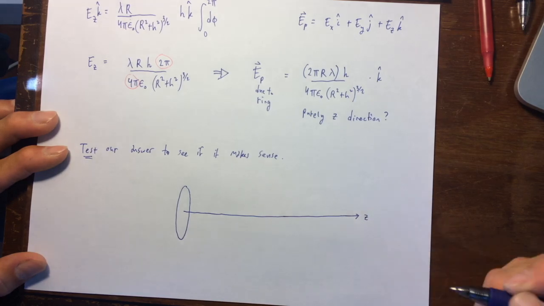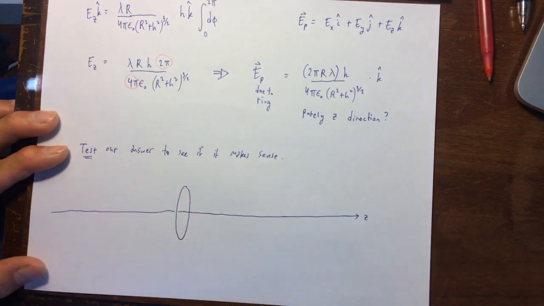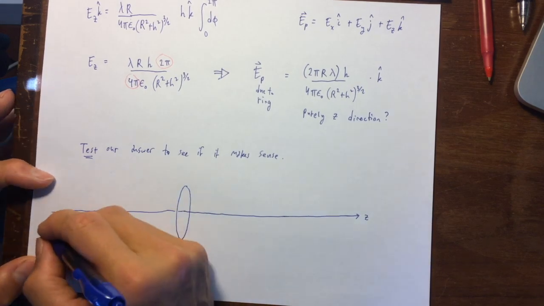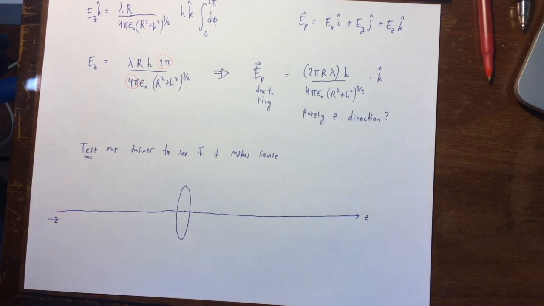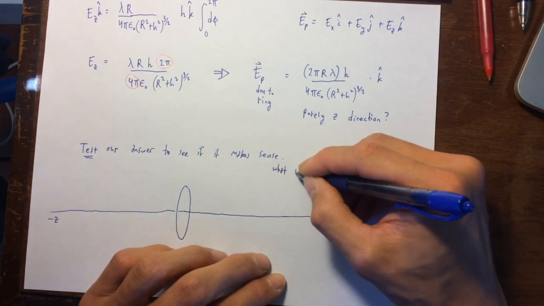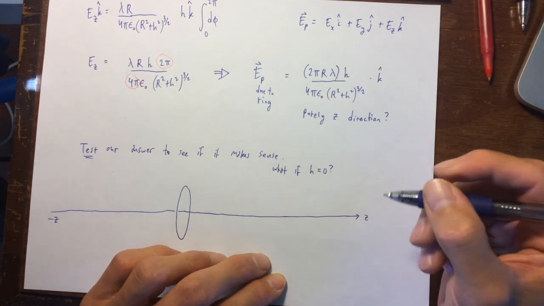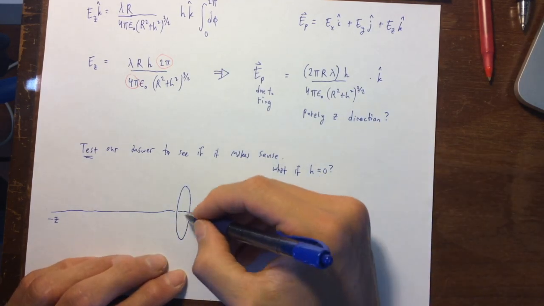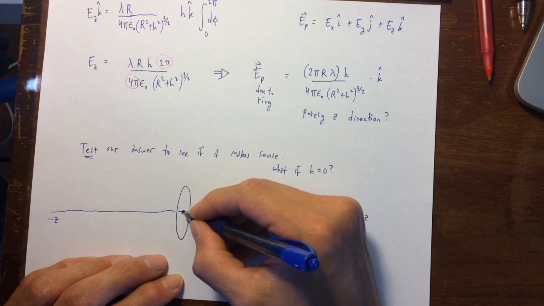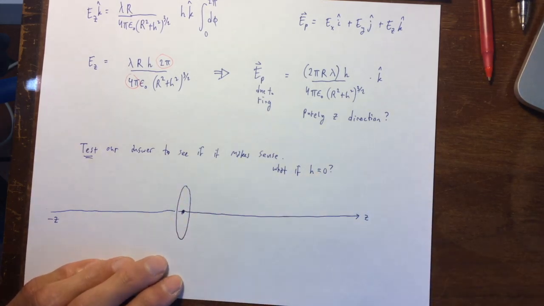So here is the z-axis, and that direction is the negative z-axis. That's the negative z direction. So what if h equals 0? If h equals 0, this means I'm asking what is the electric field in the dead center of the conducting ring.